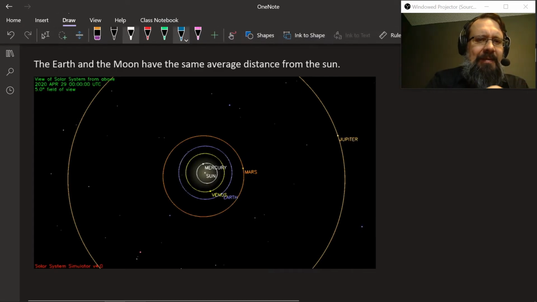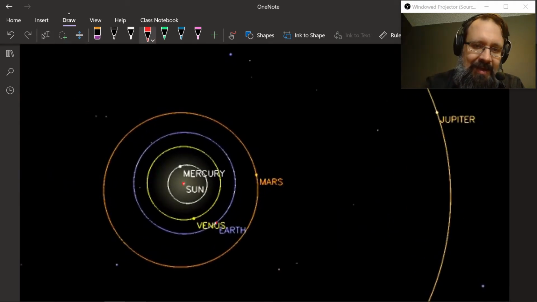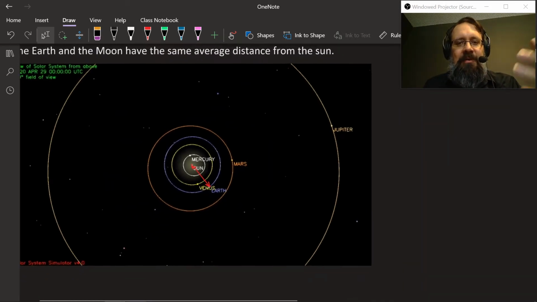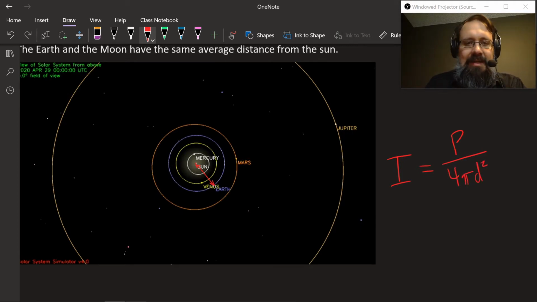So realize that when looking at this picture here, the distance from the Earth to the sun is going to determine how hot the Earth can be, like how much power is radiated. We talked about that last time. So the intensity is equal to the power output of the sun divided by 4 pi d squared, where d is the distance the planet is away from the sun.